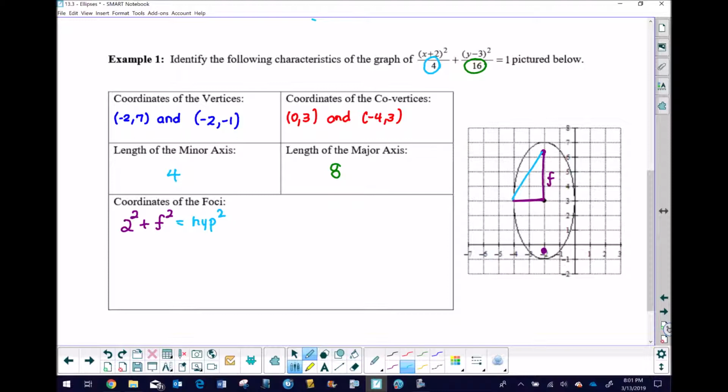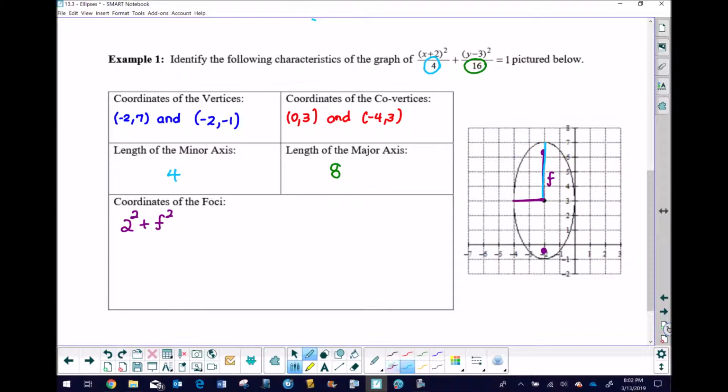And what's extremely important to realize is that we found out that this hypotenuse distance happens to be the same thing as, wait for it, yep, that distance right there, which is half of the length of the major axis. So we don't need this hypotenuse squared stuff anymore.